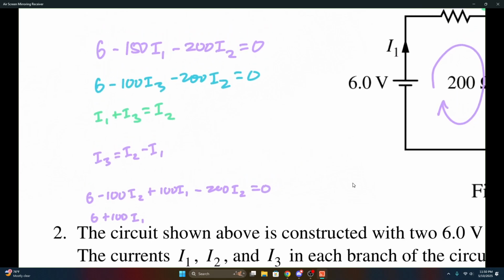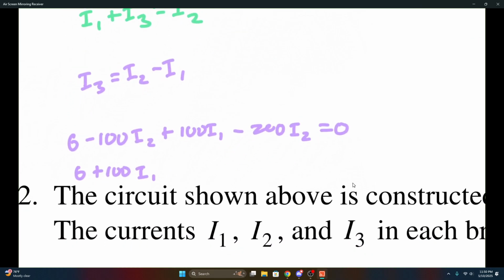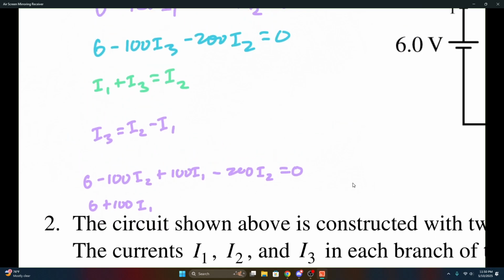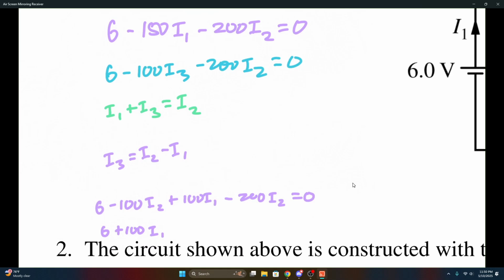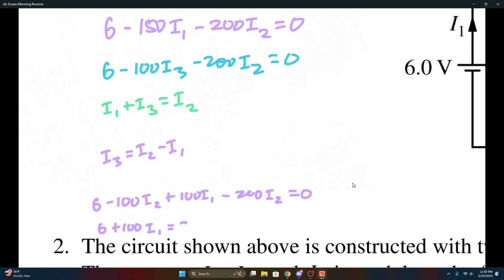Wait, this doesn't look right. Is it right? Probably. Why are you umming? I think that's fine actually. It looks weird, but I think it's fine.